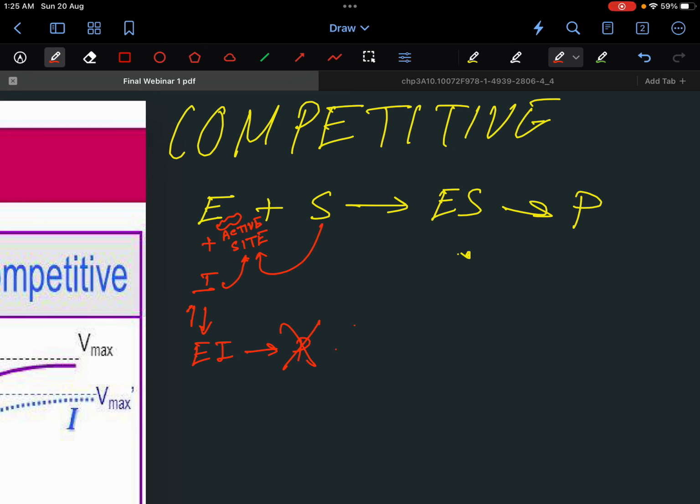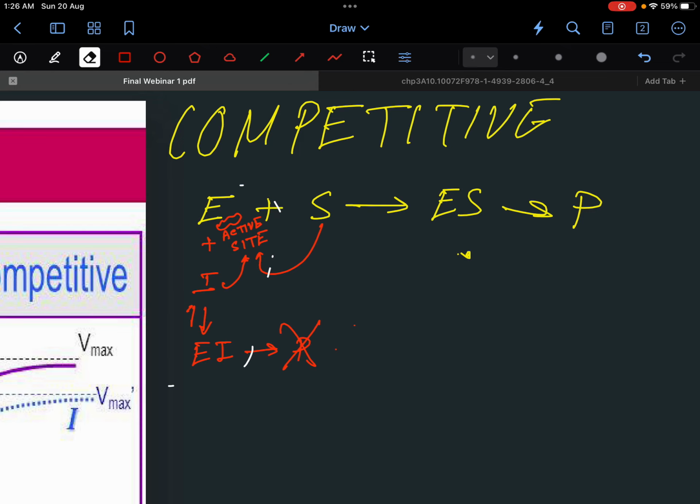Then there is a new reaction that you can see, this one, where the enzyme is binding with the inhibitor.